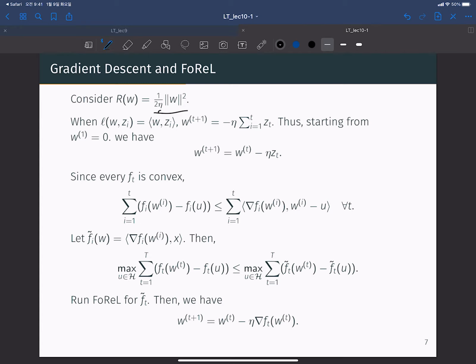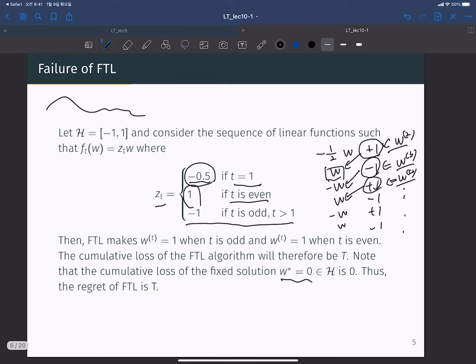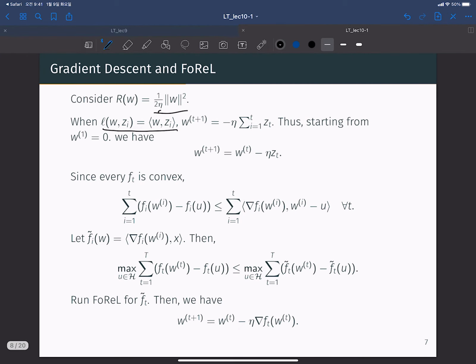When we consider linear loss functions, as in the counterexample of the failure of FTL, then with any z_1 to z_T, we can show sublinear regret. So we can say that this regularizer solved the exploding regret issue.